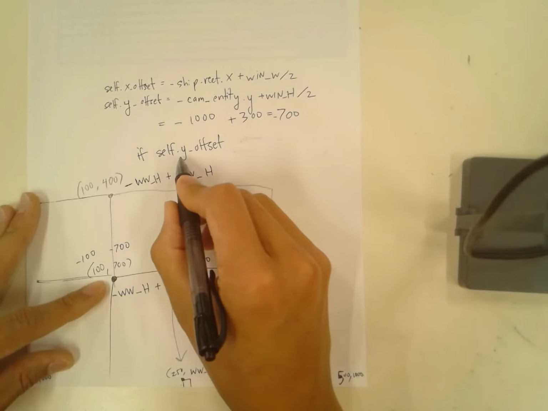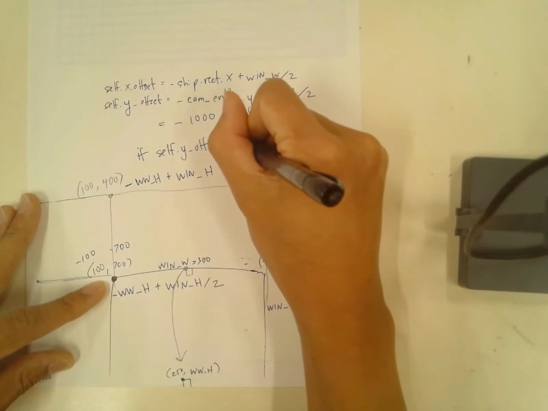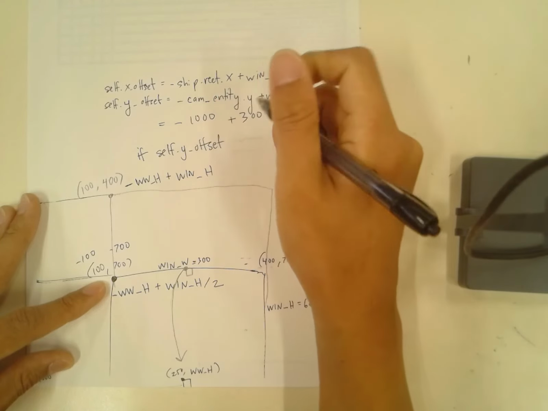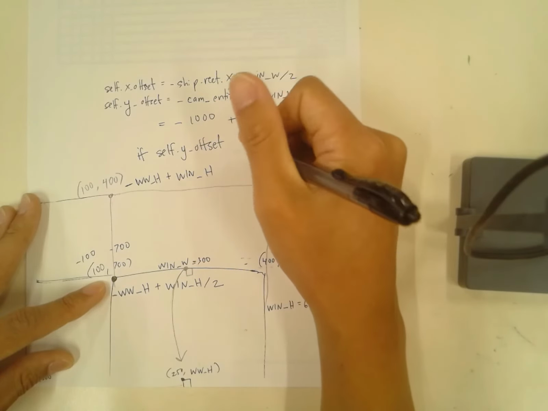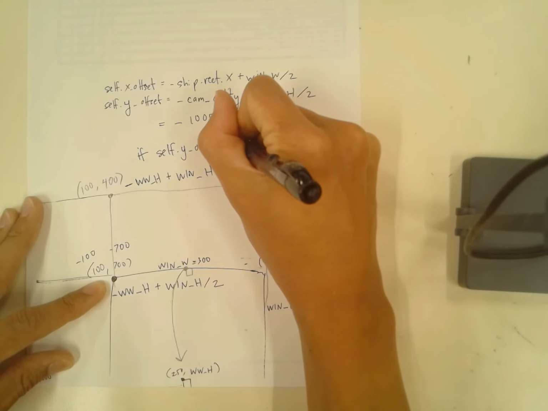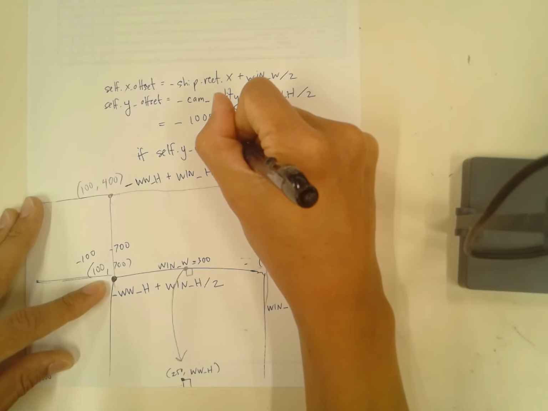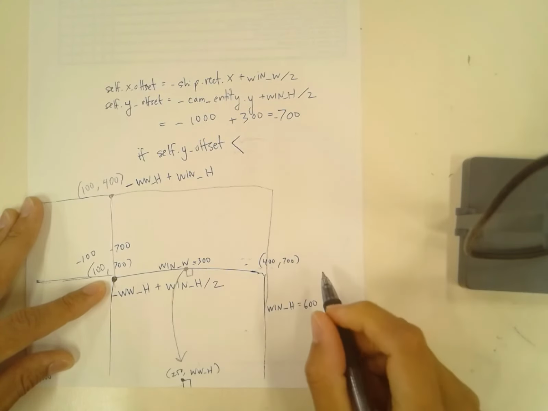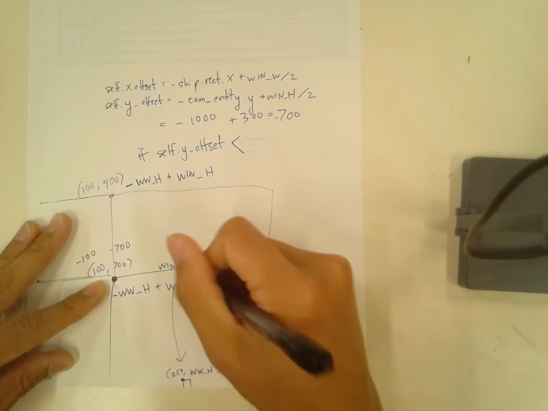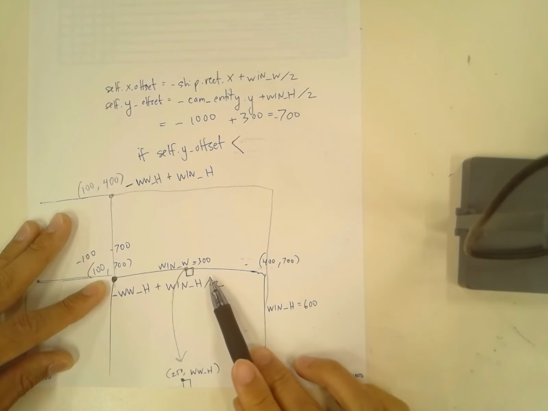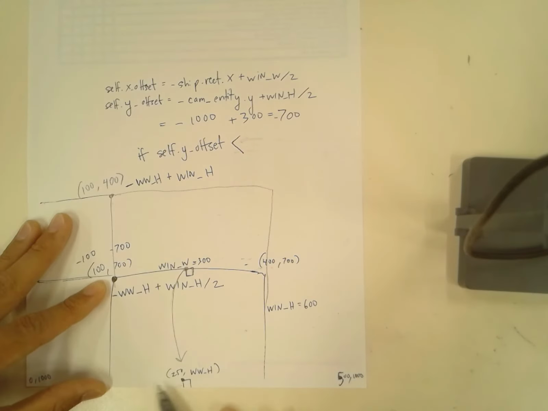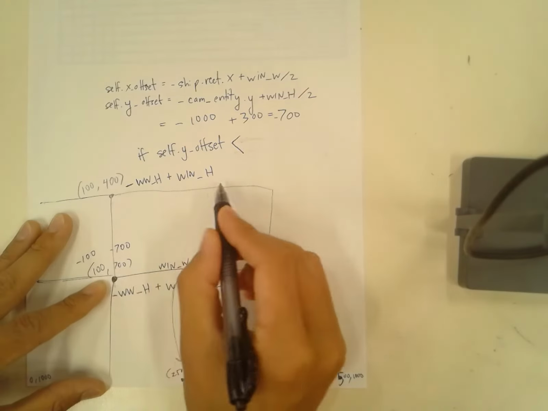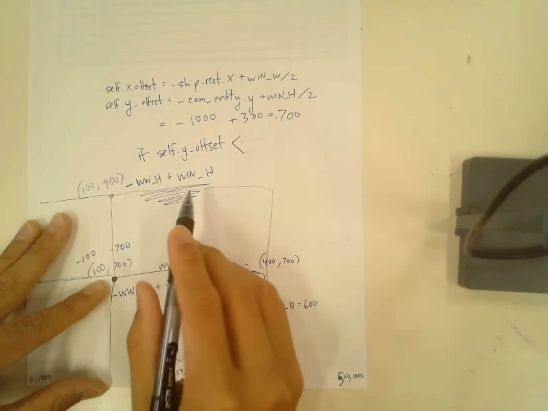So we're saying if the self.y offset is, let's see, is it greater than or less than? If it is less than this expression here, where the bottom of the visible screen is the bottom of the world, and that's this situation, which means the y offset would be this expression.